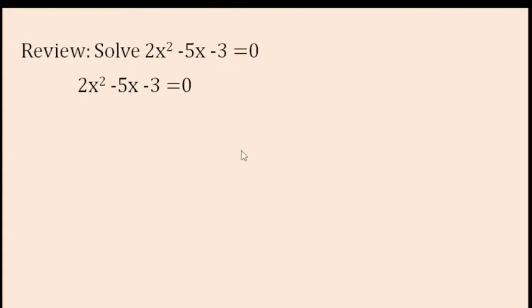We will do another example, but this time we have a leading coefficient other than 1. So here we have 2. Again, to solve this quadratic equation, 2x squared minus 5x minus 3 equals 0, we are going to factor. The factors of 2x squared minus 5x minus 3 are 2x plus 1 and x minus 3.